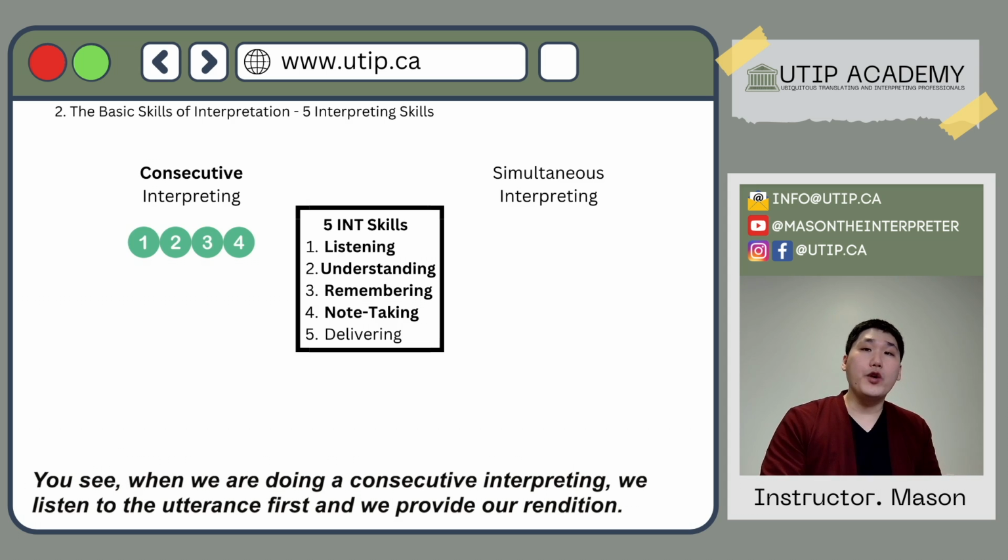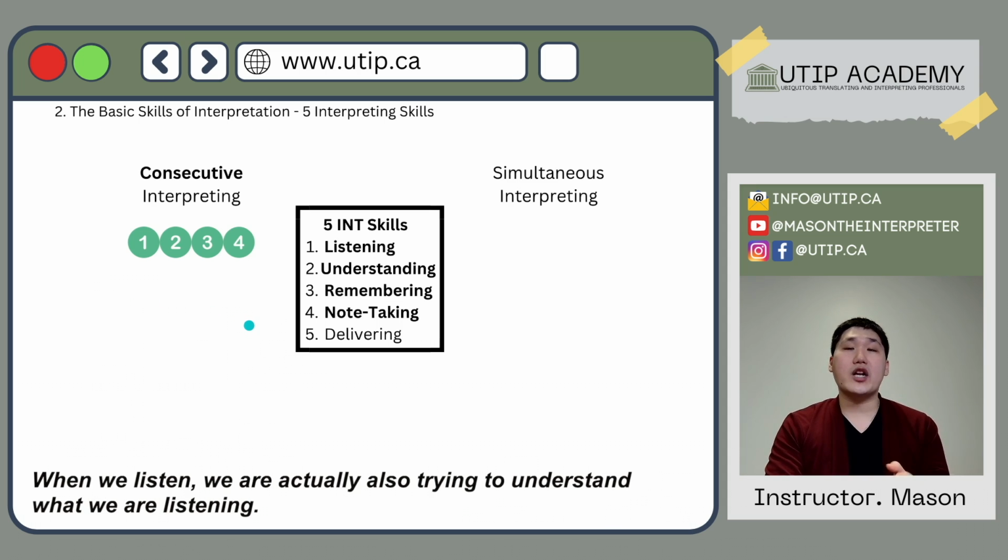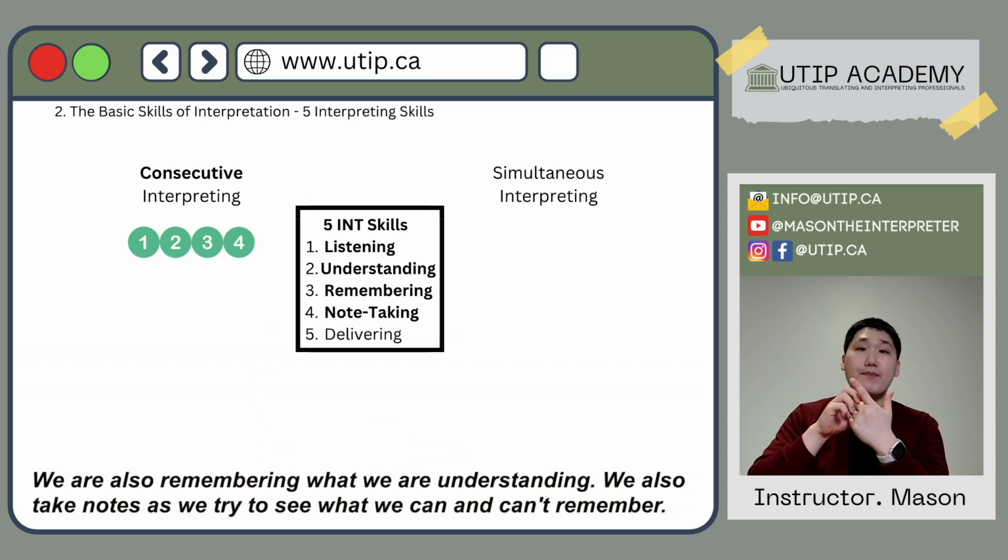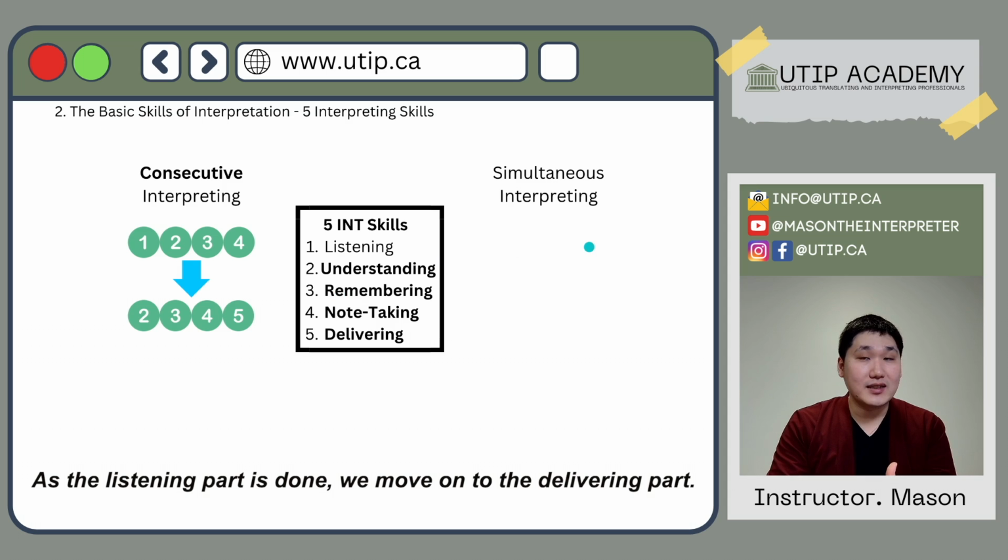You see, when we are doing a consecutive interpreting, we listen to the utterance first and we provide a rendition. When we listen, we are actually also trying to understand what we are listening. We're also remembering what we are understanding. We also take notes as we try to see what we can and can't remember. As the listening part is done, we move on to the delivering part.